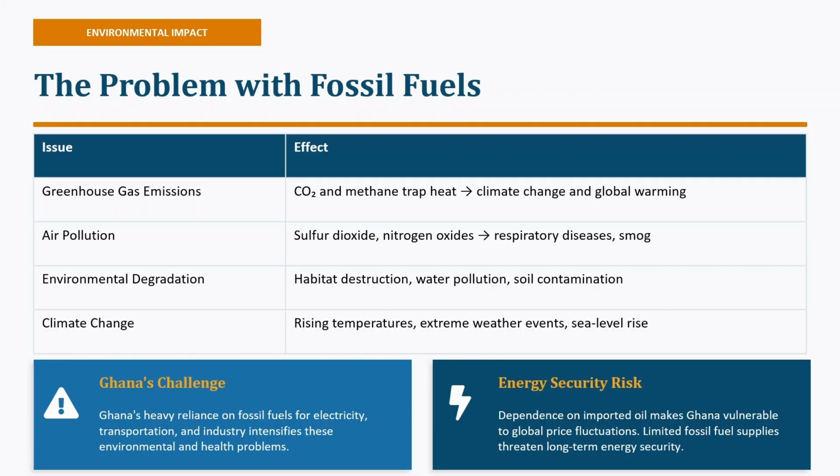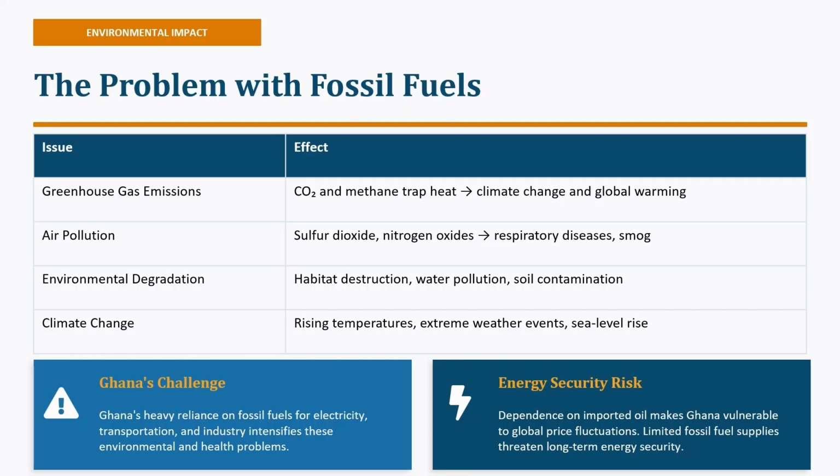Then thirdly, they lead to environmental degradation. Because fossil fuels are deep down into the ground, humans will have to degrade the earth in order to have access to these fossil fuels. In doing so, they destroy the natural habitats of these organisms that live deep within the soil.